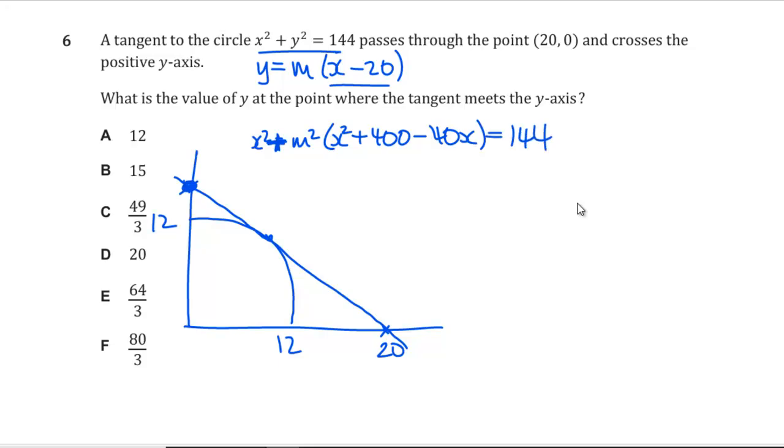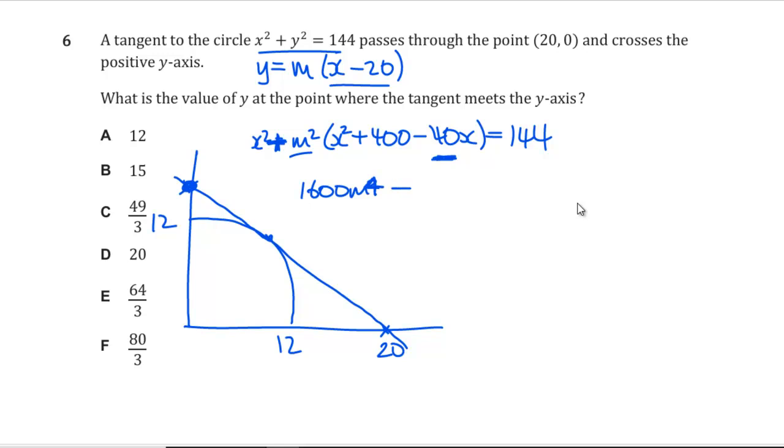So I'm going to want to get the discriminant to be equal to 0 on this. So b squared, what have I got for x's? X is just this, isn't it? It's minus 40. So my b squared is going to be 1600 m squared. Oh no, m to the 4, sorry, because I've already got an m squared. So that's 1600 m to the 4.